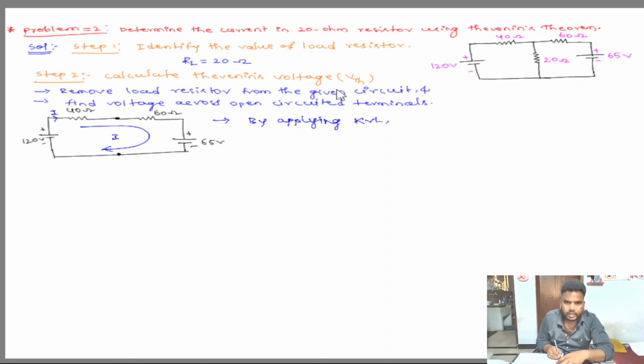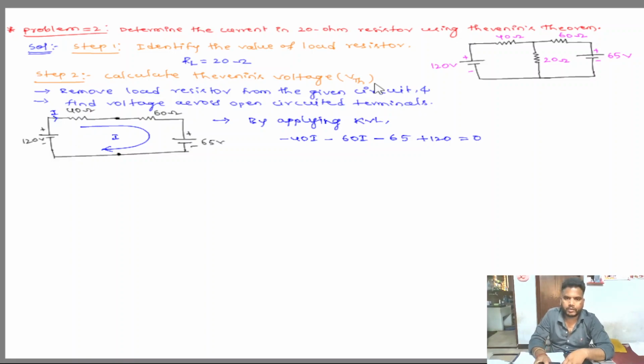We start from the 40 ohm resistor: minus 40I and minus 60I. In the 65 volt source, current is flowing from positive to negative, which we consider as a voltage drop, that's why it is minus 65. In the 120 volt source, current is flowing from negative to positive, lower potential to higher potential, so voltage is rising, and we take plus 120, equal to 0.